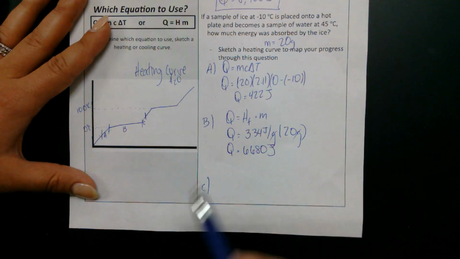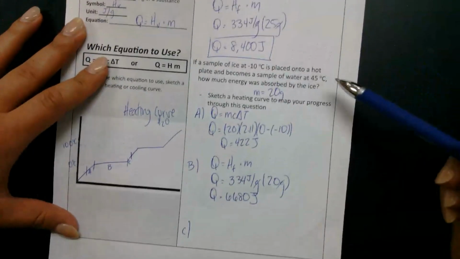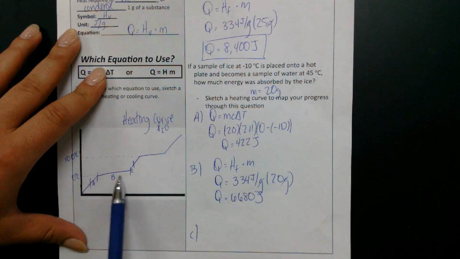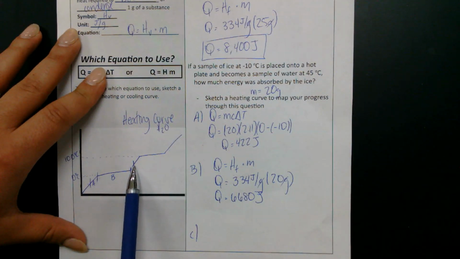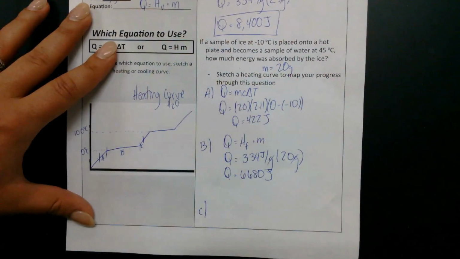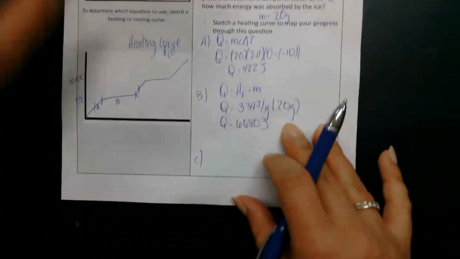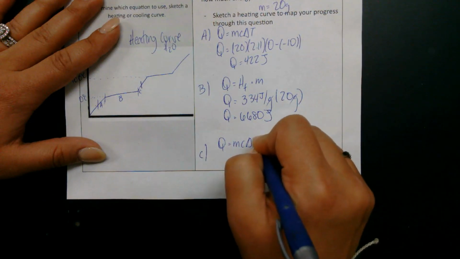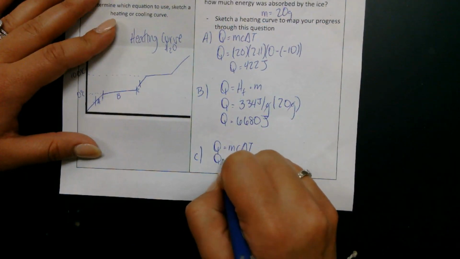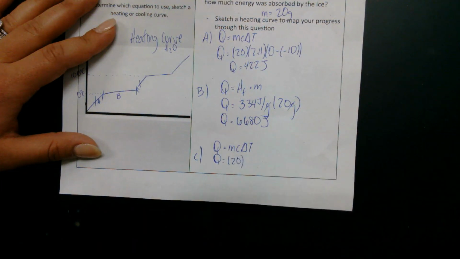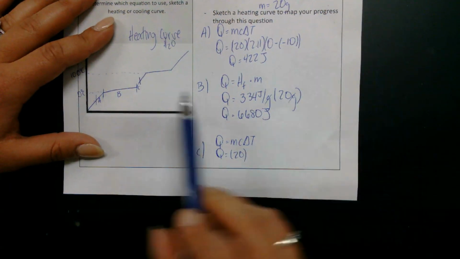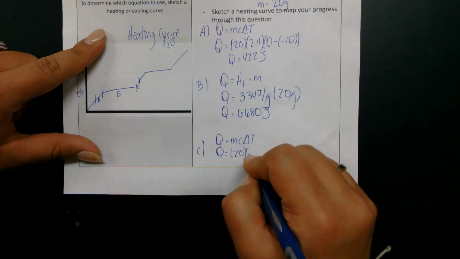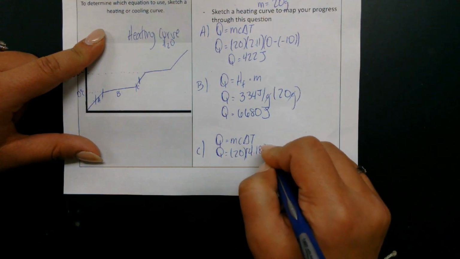And then last but not least, we have one more temperature change. So it goes from 0, right? Our heat of fusion, it's melting from 0, and then it warms up to 45. So we have to calculate Q for that section. So again, we would use Q equals mc delta T. Q equals the mass, which is 20. Now our specific heat for this, since now it's already at C, it's a liquid, our specific heat becomes 4.18.